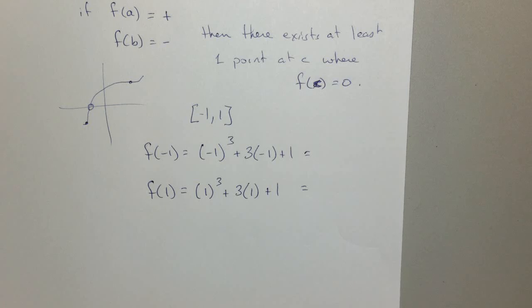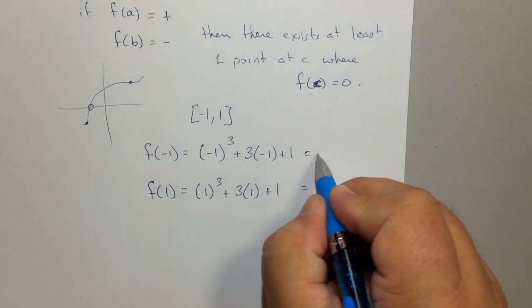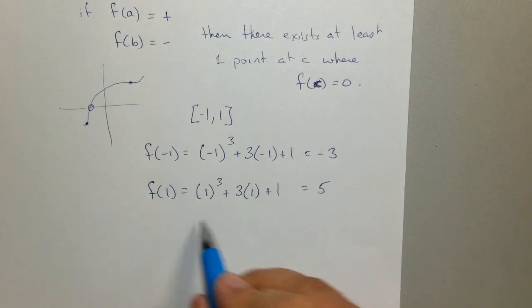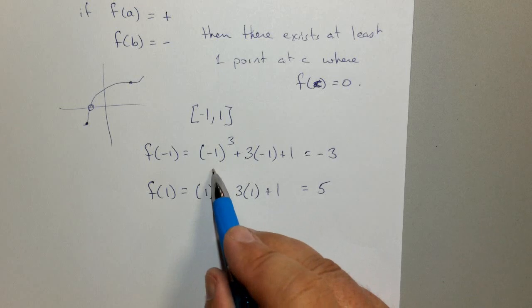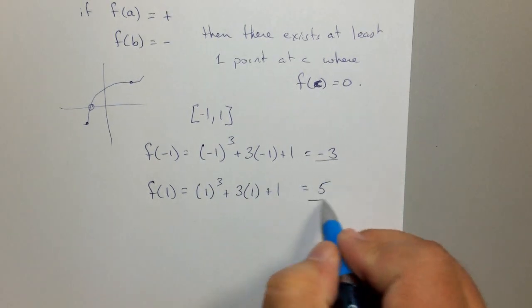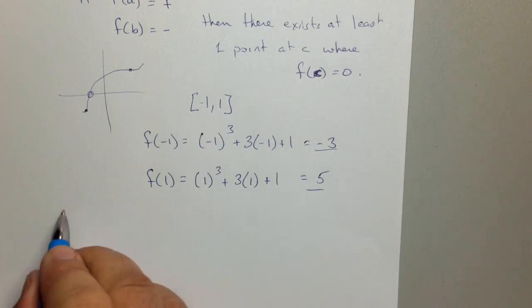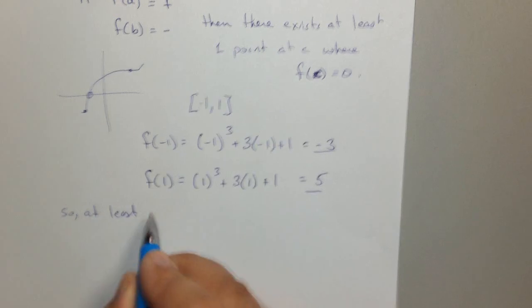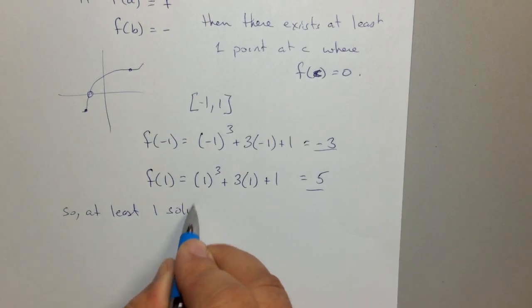What's the first one going to give us? The second? So we see that you have opposite signs. So at least one solution exists.